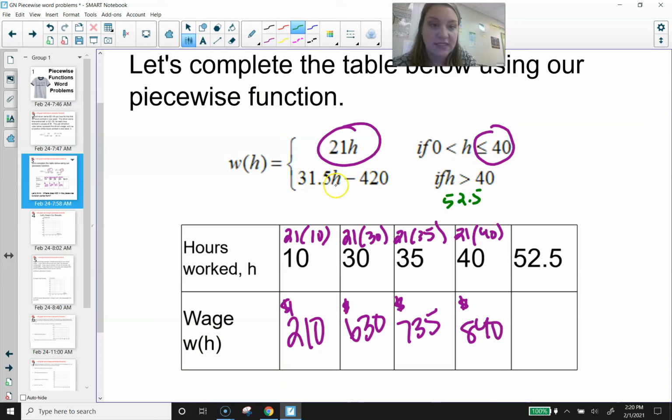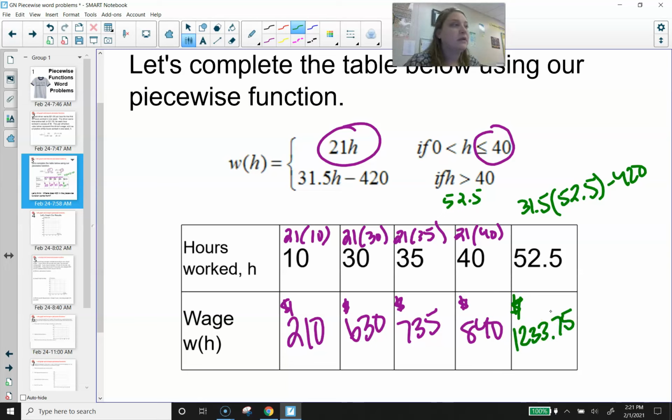So we're going to plug it into this equation. So we're going to do 31.5 times 52.5, and then subtract 420 from that. And that is going to give me $1,233.75. All right.